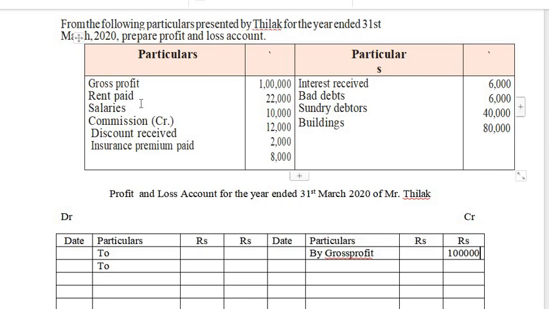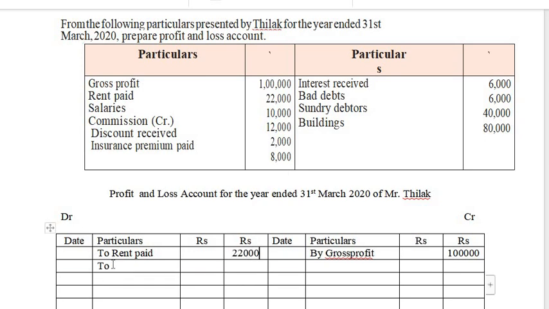Then the next one, rent paid. Whenever the term is given as paid, you have to consider it an expense. So I am writing rent paid. The value they have given is 22,000. I am writing it in the outer column. The next one is salaries.